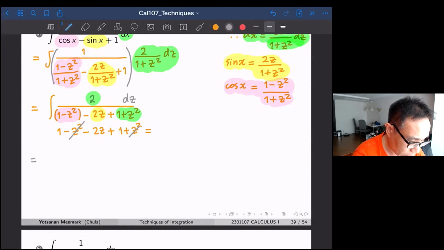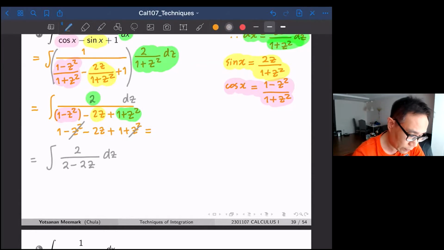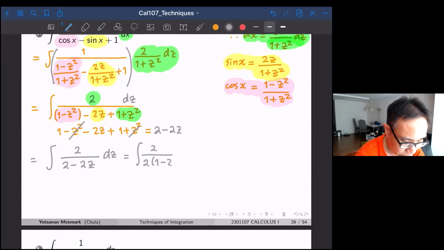So it's going to integrate, and you have 2 on top, and you have 2 minus 2z dz. So this guy will be integrate 2 over 2 times 1 minus z dz.